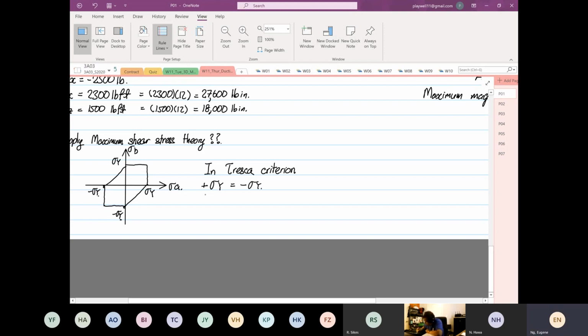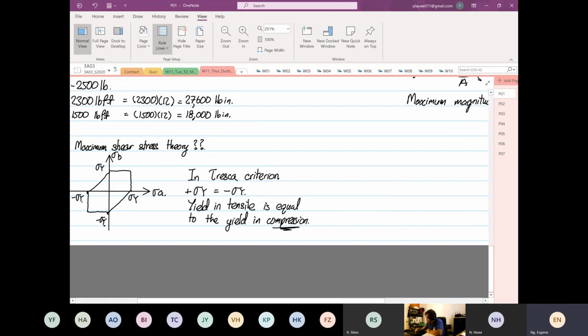So in Tresca, the yield in tensile is also equal to the yield in compression. So for this case, we can analyze our structure in compression. We're going to use the same maximum magnitude in compression that corresponds to what is quoted to us, at minus 150 megapascal. So that's what it means.